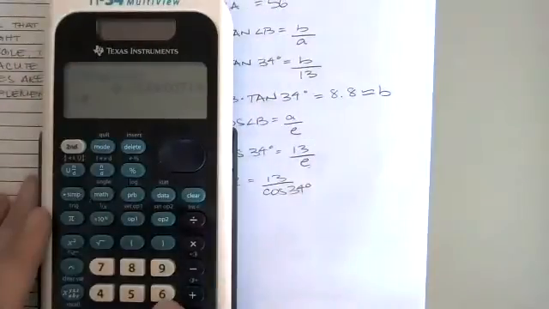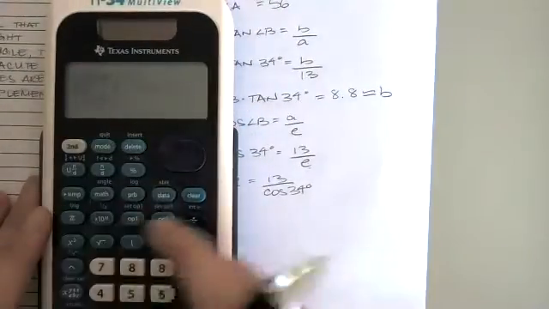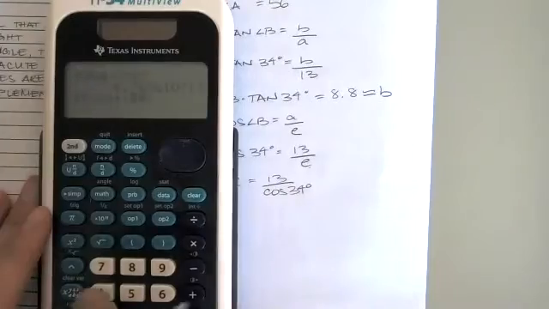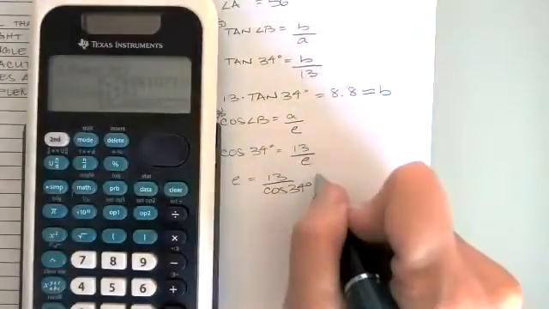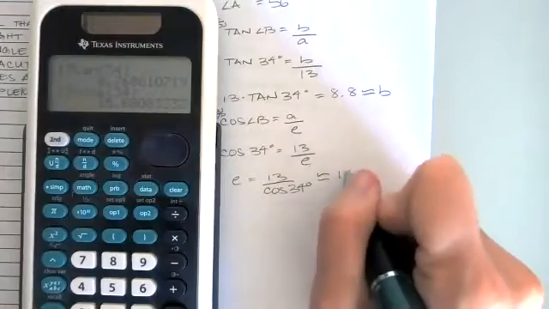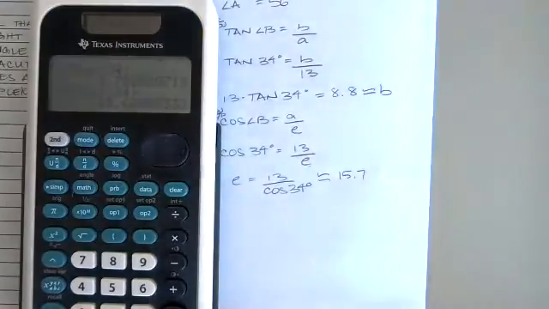So in my calculator, I've got 13 divided by the cosine of 34, and that gives me that side E is approximately 15.7 units long. Whether they're feet or gummy bears, unicorns, doesn't matter.